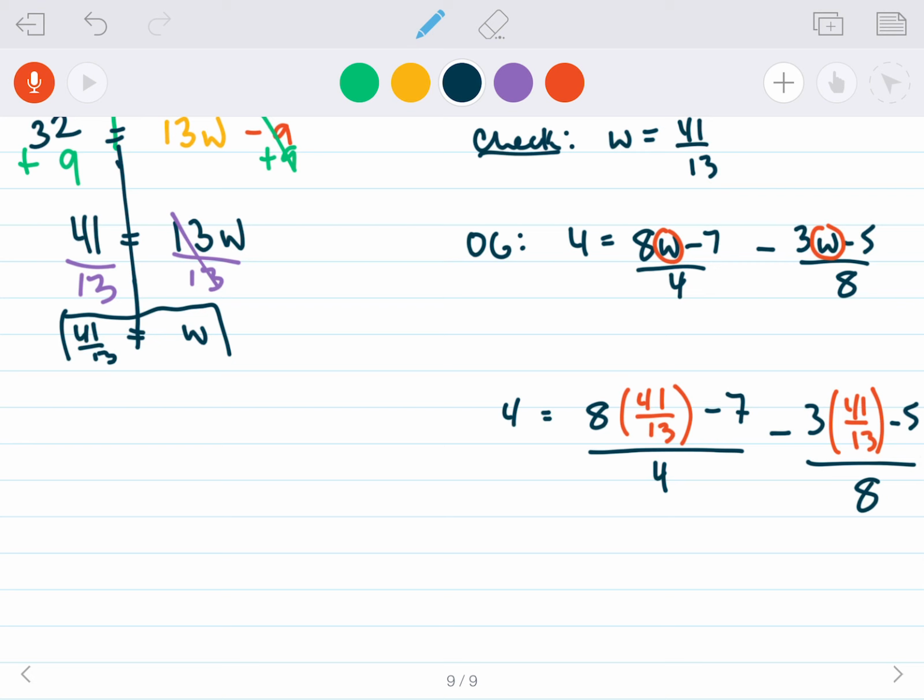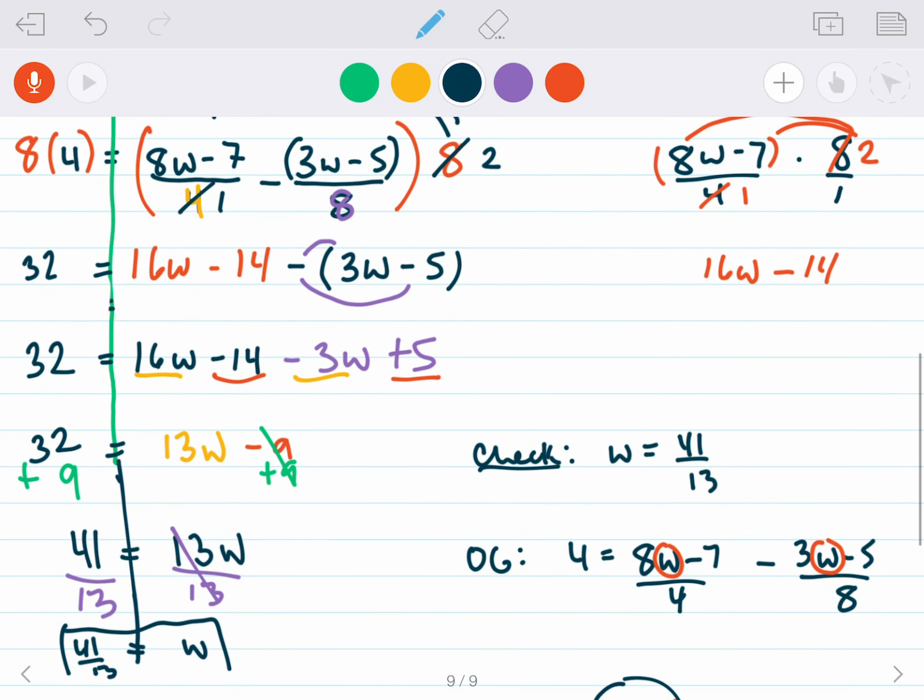Okay, so this isn't the prettiest thing to deal with, but if I multiply 8 over 1 times 41 over 13, I know it's not pretty, but it's just going to have to do.